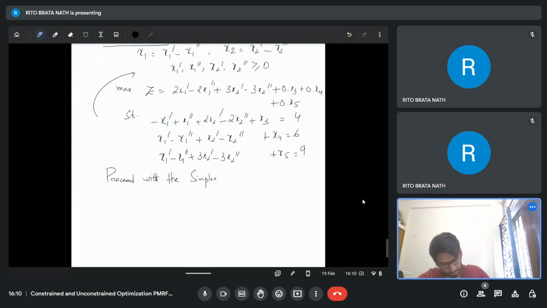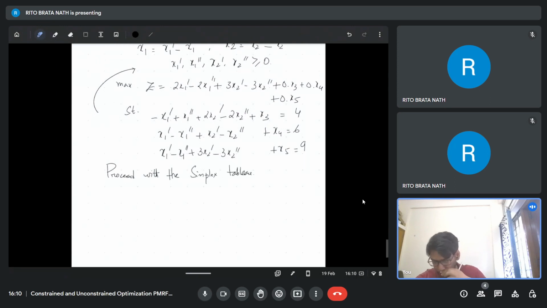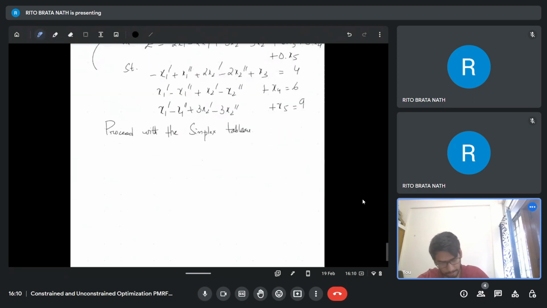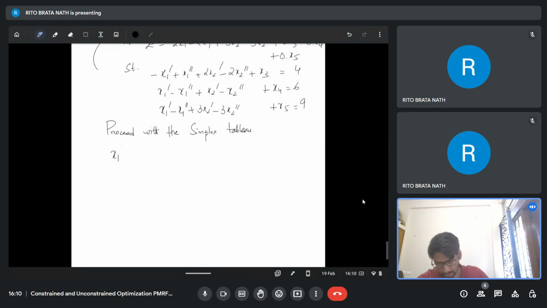So it's the same steps. I'm not going into the details of it. Finally, I think 3 of the variables will be in the tableau. So that would be, I think, x1 prime is 9 by 2, x2 prime is 3 by 2, and I think x3 will be 11 by 2.